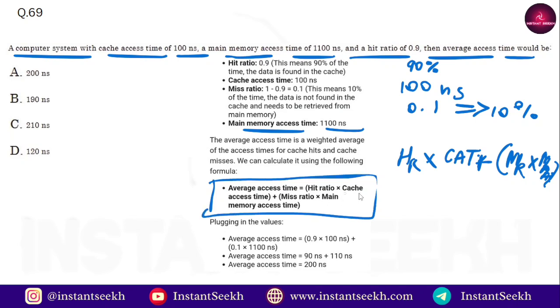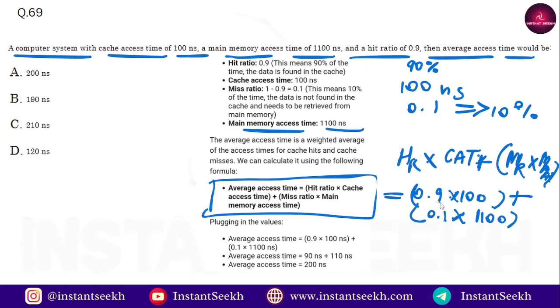Let's pen down all the values. Average access time will be hit ratio 0.9 times cache access time 100, plus miss ratio 0.1 times main memory access time 1100 nanoseconds.